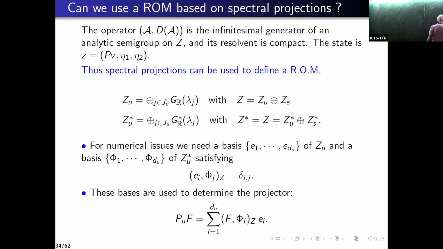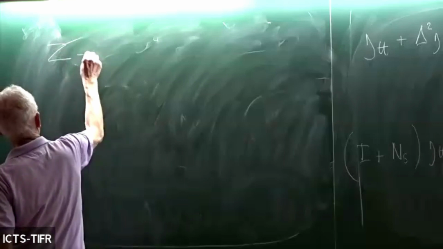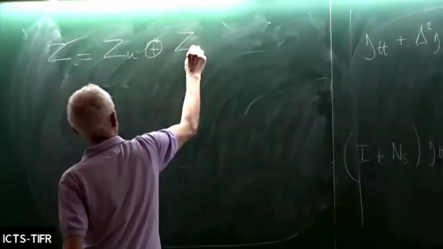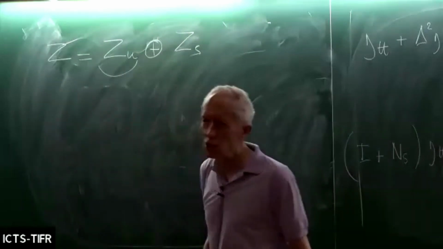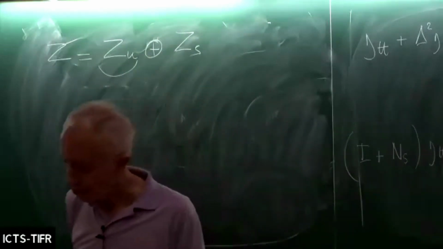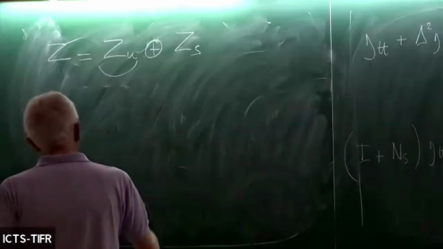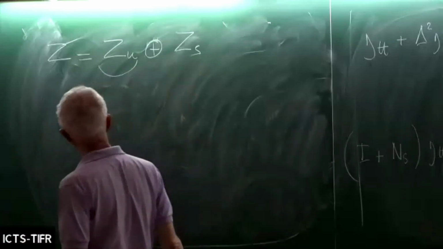Remember that your space Z is split into two parts. This is the part on which you would like to compute the feedback, and this is the part that you would like to stabilize, and this is the stable part.